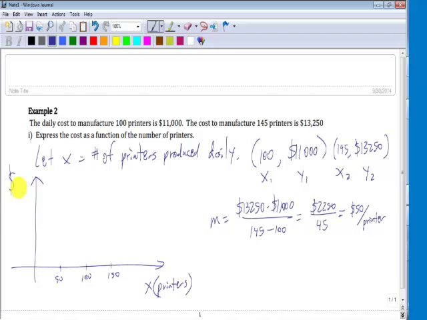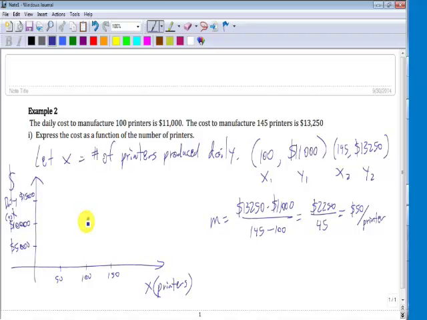Daily cost. So probably $5,000, and $10,000, and $15,000 might be reasonable numbers to put. Might have gone 5, 10, 15, just said it's in thousands.